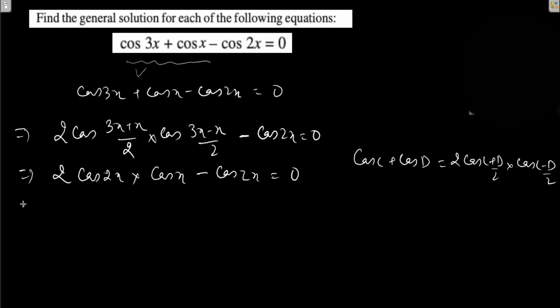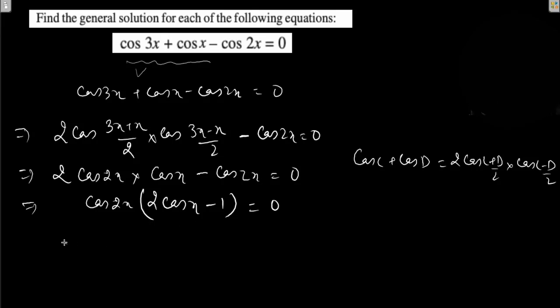So what I'll do is I can just take this cos 2x common. When I take cos 2x common, what will I be left with? I'll be left with cos 2x into (2 cos x minus 1) equals 0, right? So now you can see that this is again a product of two things, and we know that when the product of two things is 0, then one of these will be 0, right?